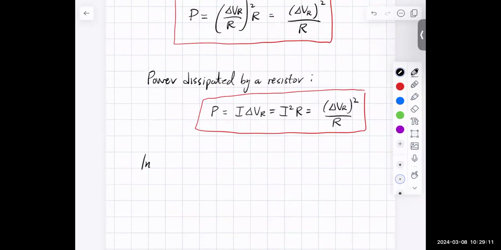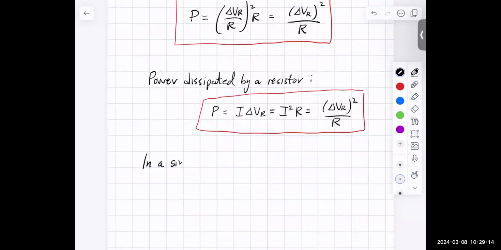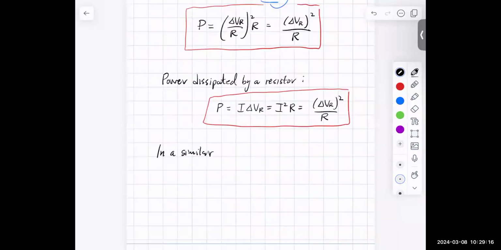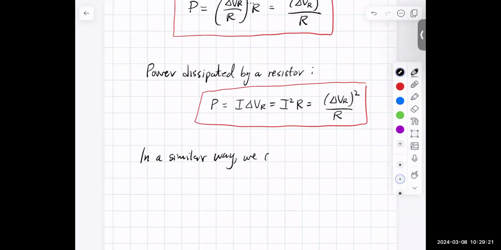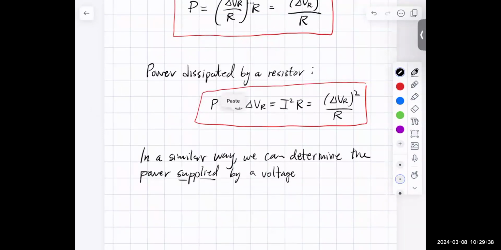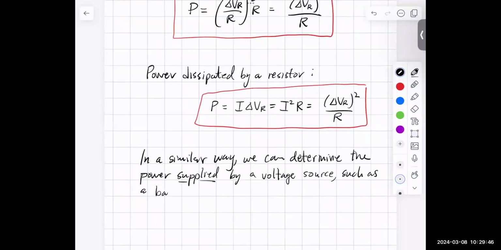Okay, so in a similar way, we can determine the power supplied by a voltage source such as a battery.